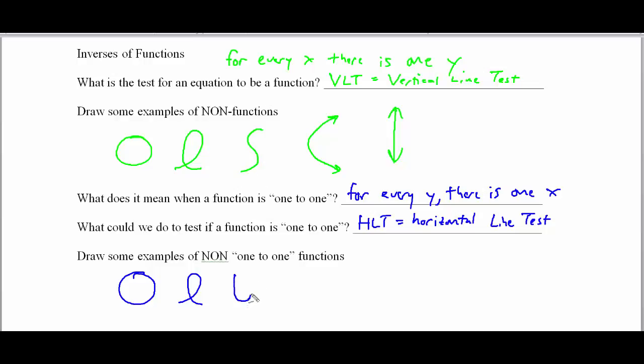So if I made a side view of a roller coaster like so, that would fail the horizontal line test. And so would this open-ended parabola, and the same with a downward-opened parabola. This vertical line is okay, but an example of a non-one-to-one function would be a horizontal line. A horizontal line fails the horizontal line test.